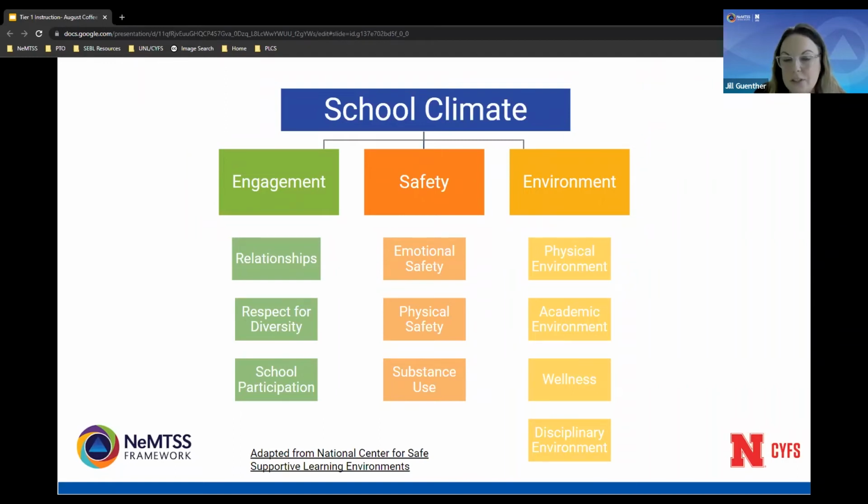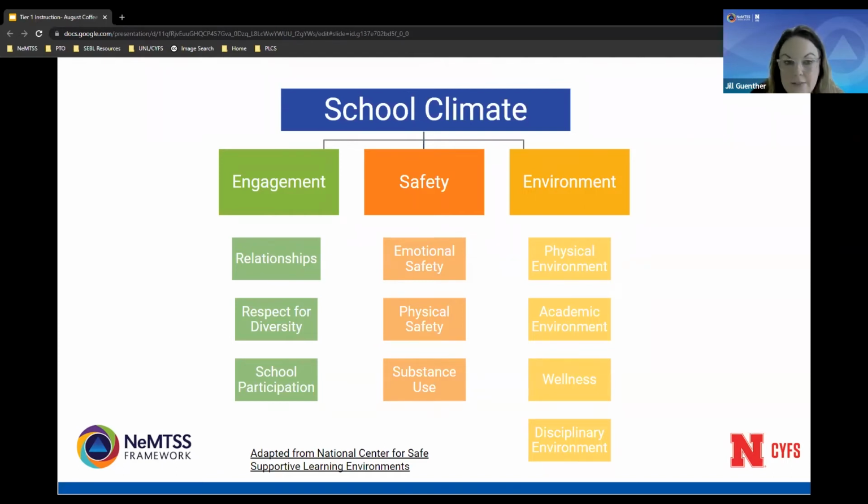So we have here just a visual that really breaks down the pieces that build a positive school climate. So we have engagement, safety, and environment. So within engagement comes those relationships. So building those connections, helping students to be connected to their building through different participation in activities or clubs, and respect for diversity.